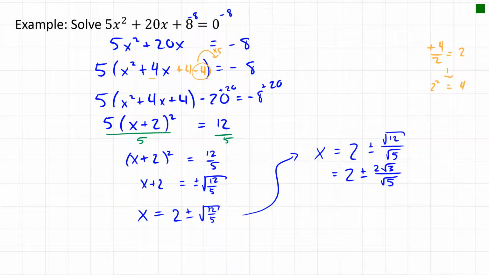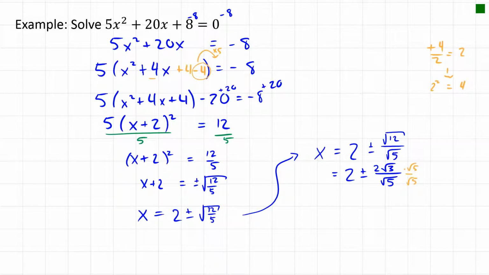And then I'm going to rationalize my denominator by multiplying the top and bottom by the square root of 5. So I only have to do this on the second fraction because I'm multiplying by 1. So I can multiply any number by 1 without changing it. So I don't have to multiply the 2 by root 5 over root 5 as well, because doing that wouldn't accomplish anything. It would just be multiplying another number by 1.